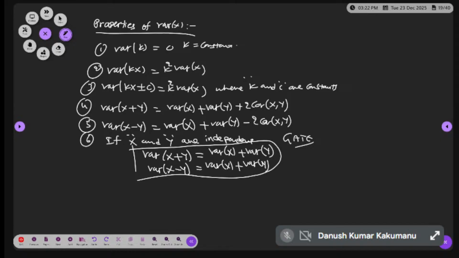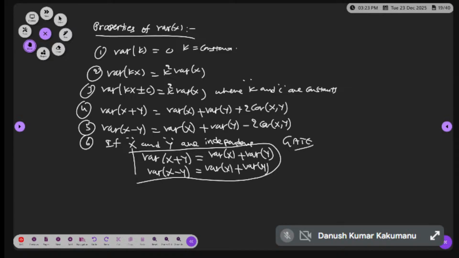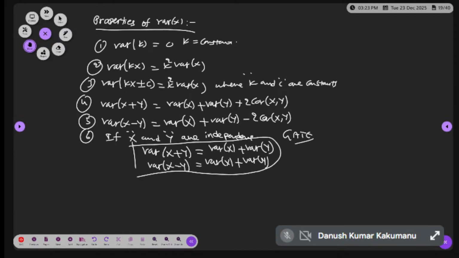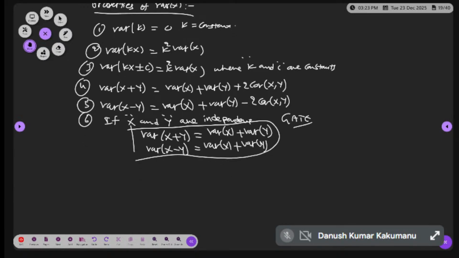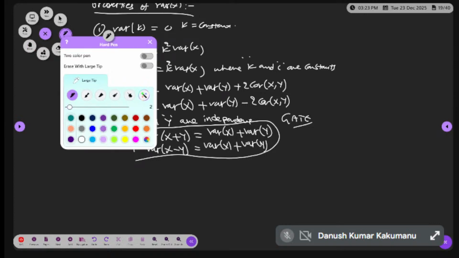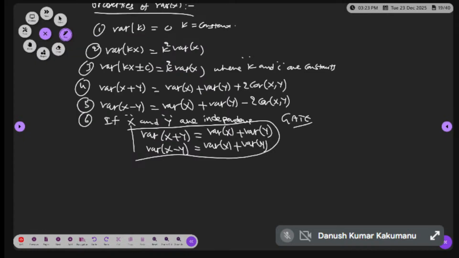Next, one more small concept is there: correlation coefficient, coefficient of correlation. This is the last concept in expectation. After that, we will solve the numericals.